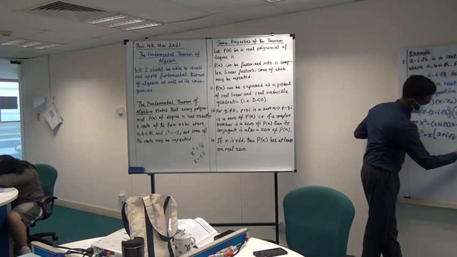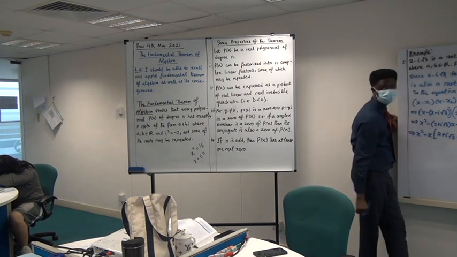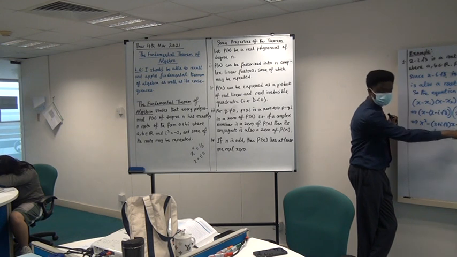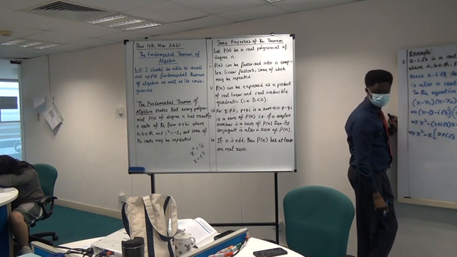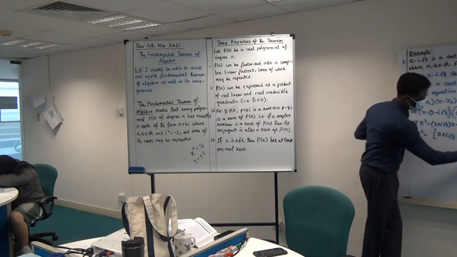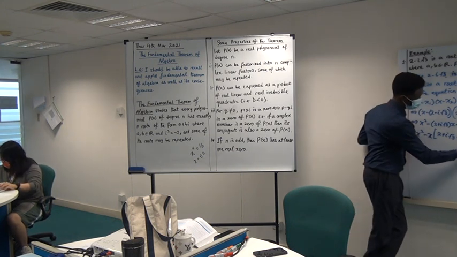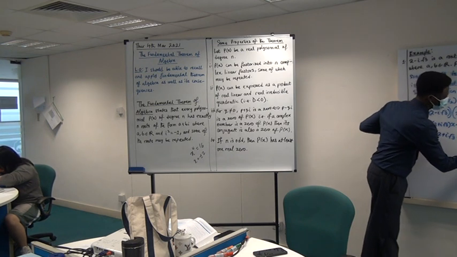Yes, because the minus is out, so I don't need to worry about any internal bracket. What I was going to do is to put x here, but it's okay, let's put it here. Then how do we do the second one?